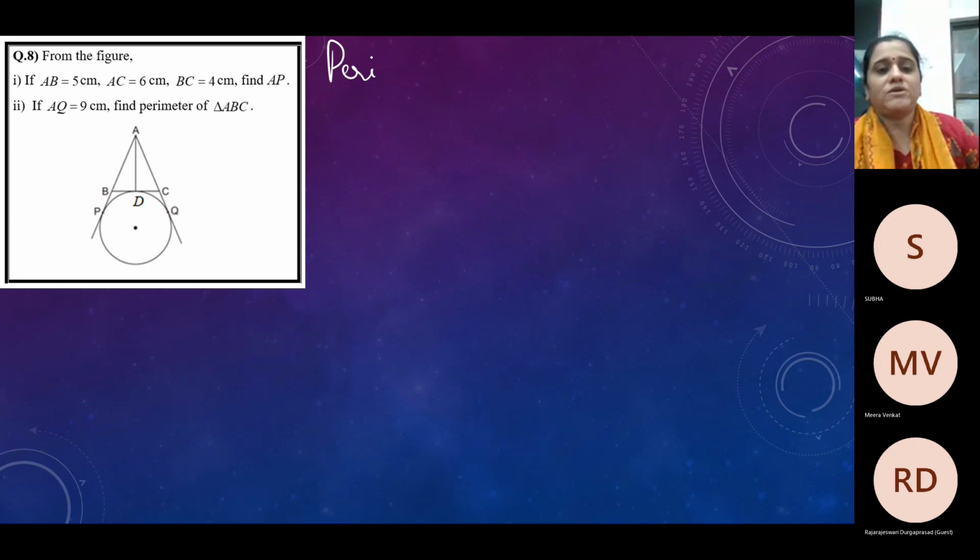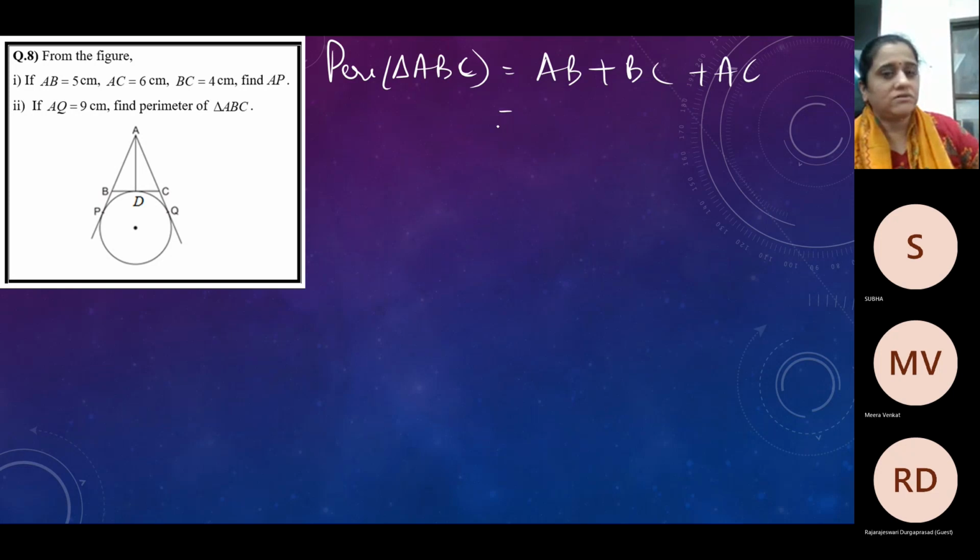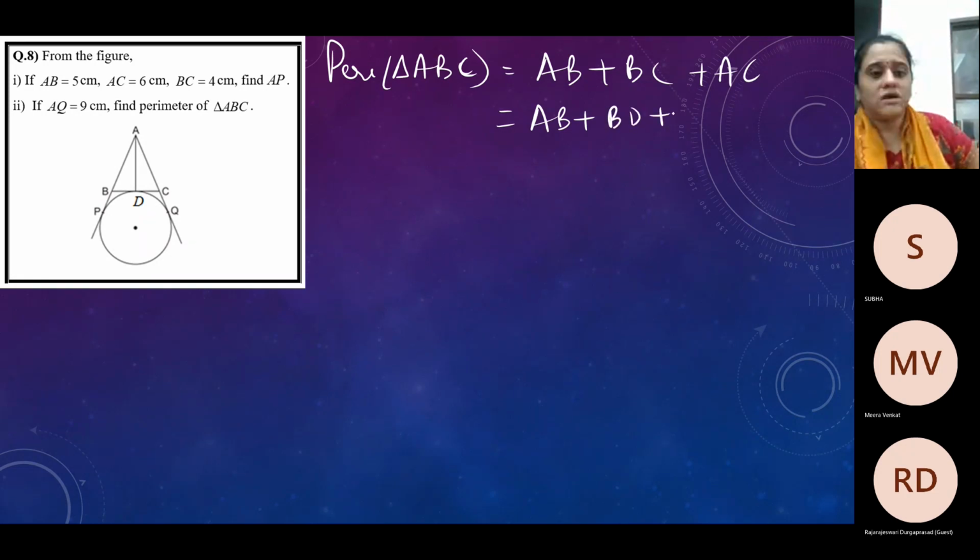Perimeter of triangle ABC is equal to AB plus BC plus AC. Now tell me. BC is BD plus DC.